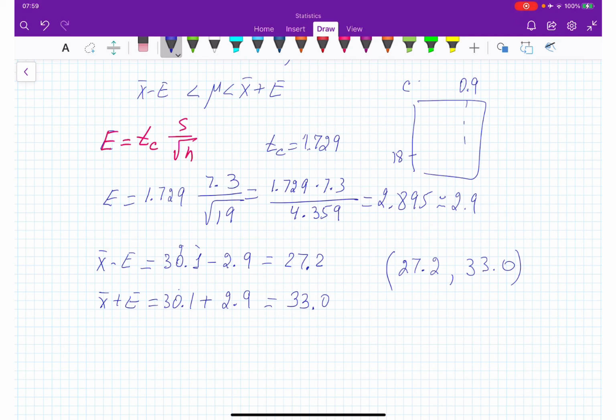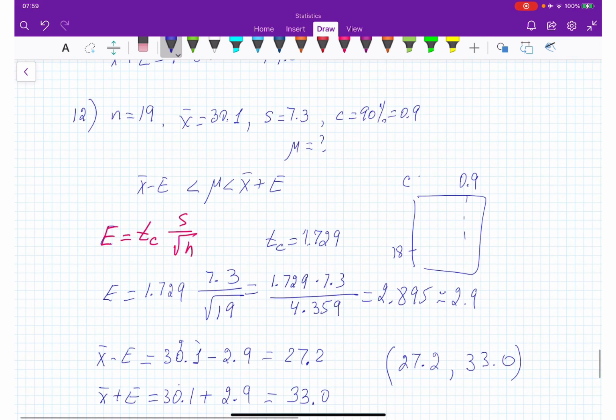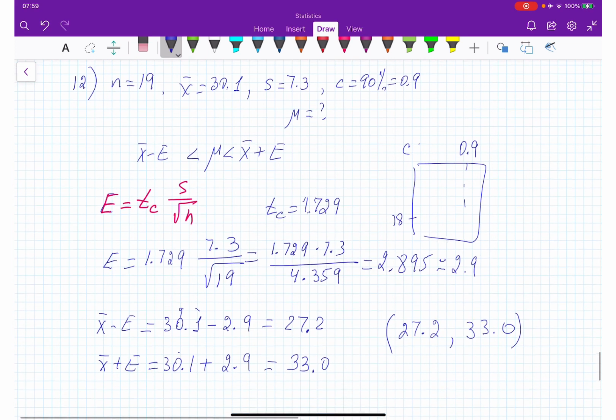So what can we say? With 90% confidence, it can be said that the population mean commute time is between the bounds of the confidence interval, meaning between 27.2 minutes and 33 minutes.